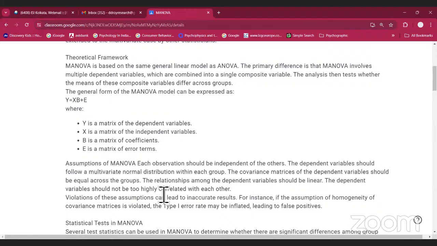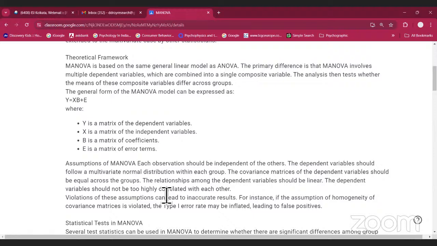The relationships among the dependent variables should be linear. The dependent variables should not be too highly correlated with each other. Violation of these assumptions can lead to inaccurate results. For instance, if the assumption of homogeneity of covariance matrices is violated, the type 1 error rate may be inflated, leading to false positives.